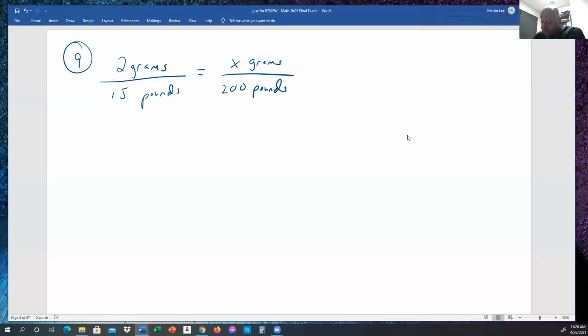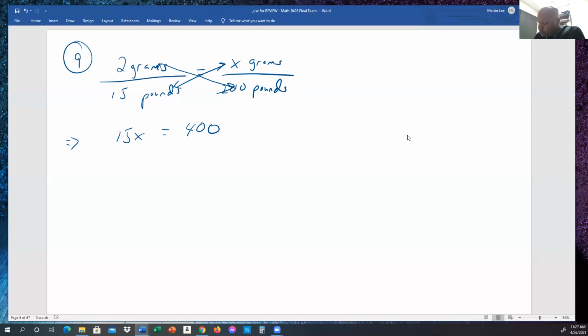So we set our proportions, and now we can cross multiply to solve for x. So 15 times x is 15x. And now that equals, cross multiply this way, we get 2 times 200, which is 400.